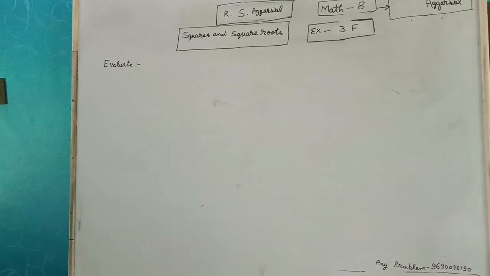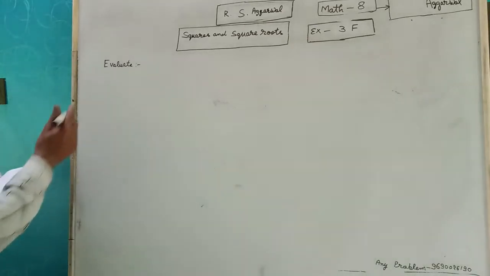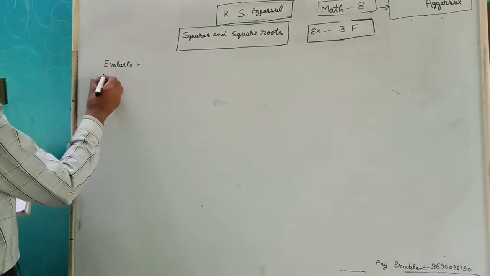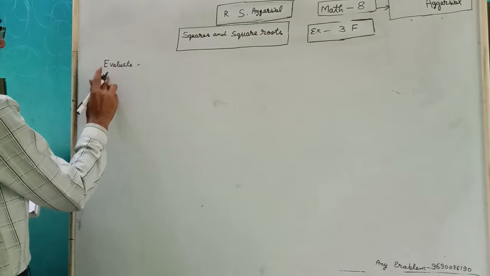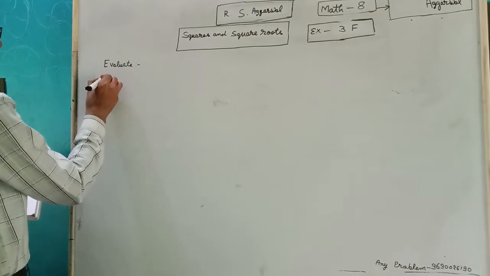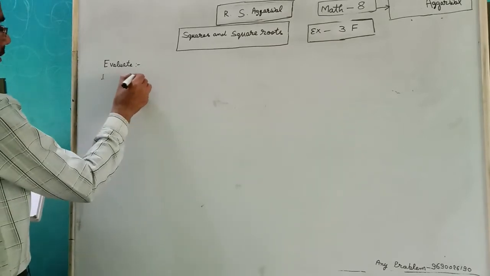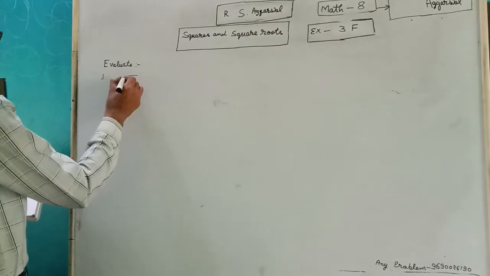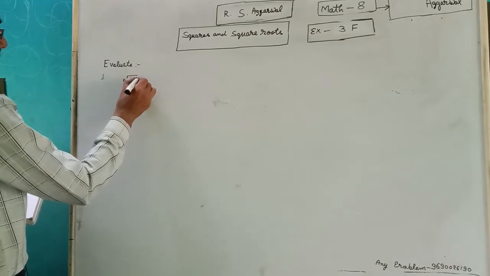8th class student, exercise 3F. First question is square root of 1.69.